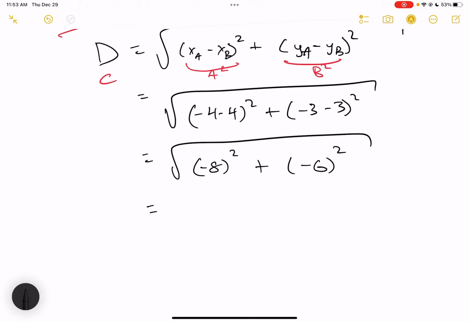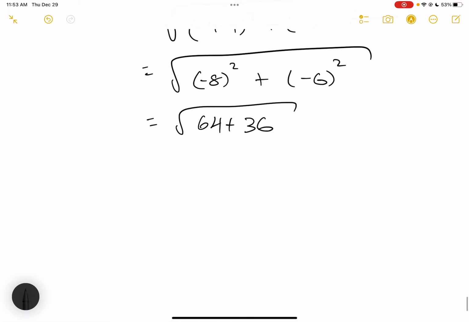Negative squared numbers end up positive. Because remember, it's negative 8 times negative 8, which is positive 64. Plus, same thing for the 6. Negative 6 times negative 6 is 36. We'll be left with the addition of that, which is 100. And we know what the square root of 100 is. That's 10.